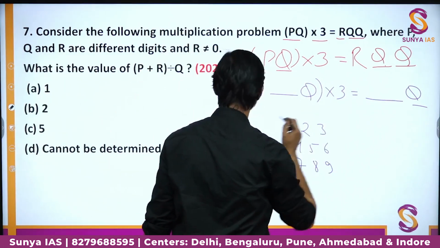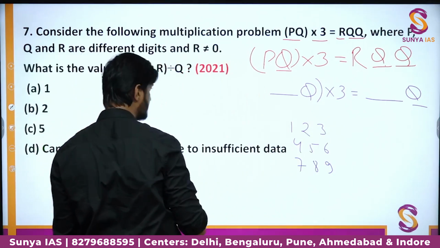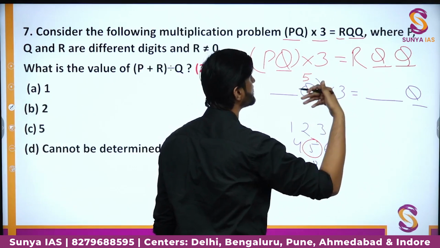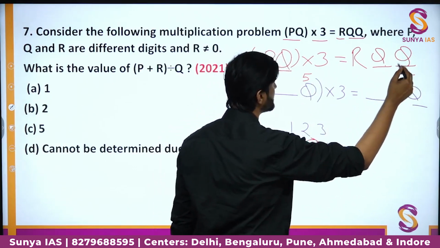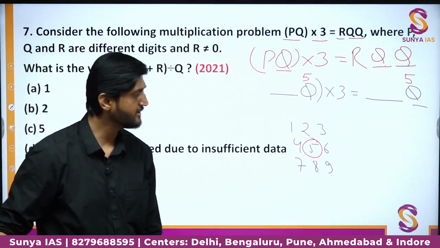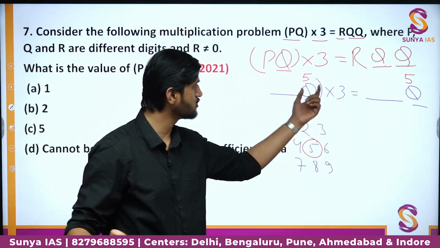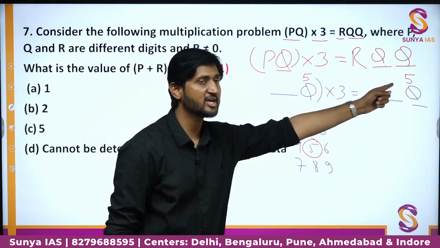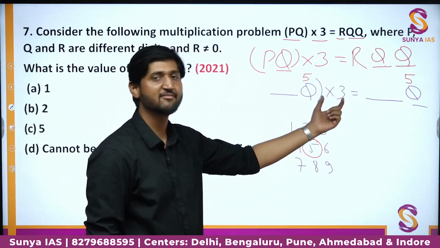So when you take the case of 5, what happens? This Q becomes 5 and 5 into 3 is 15. So here you can see that 5 is again being repeated, right? Now you can further check, there is no such other option which on multiplying by 3 gives the same digit in the end, only 5 is such a number.